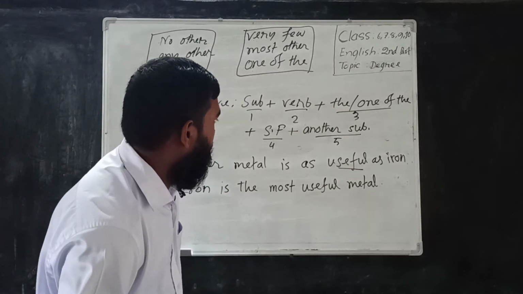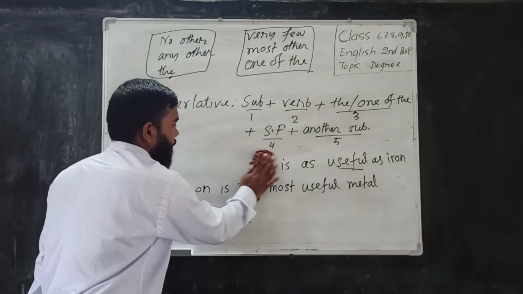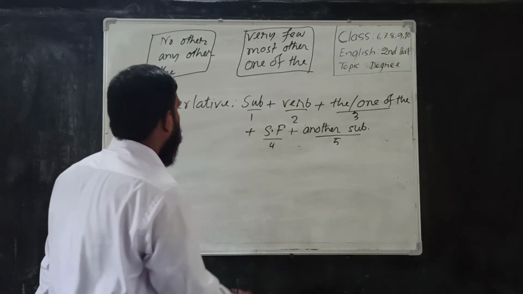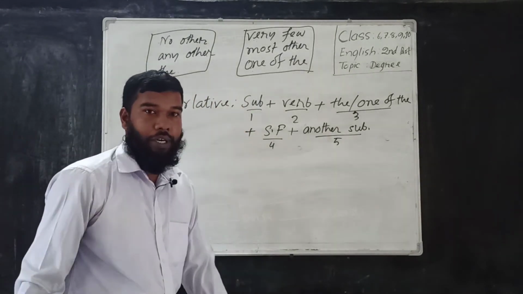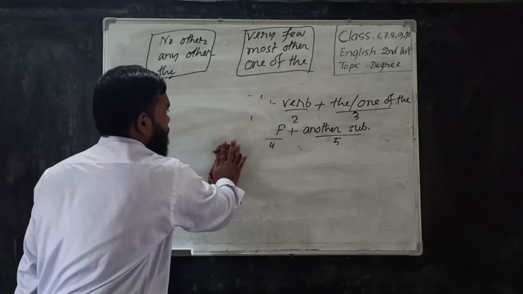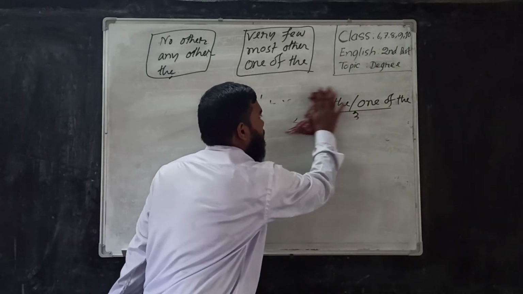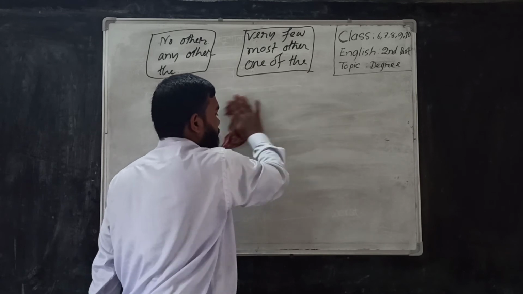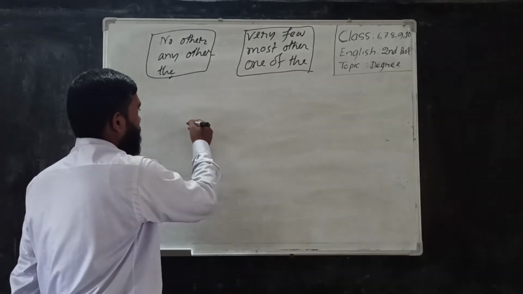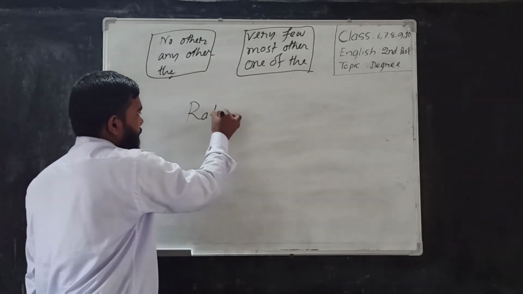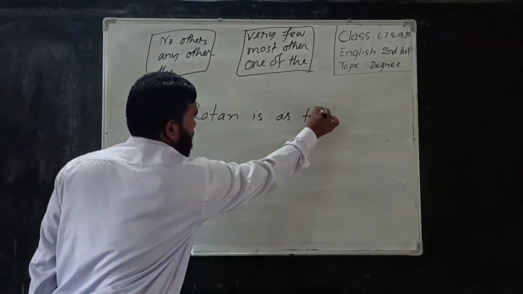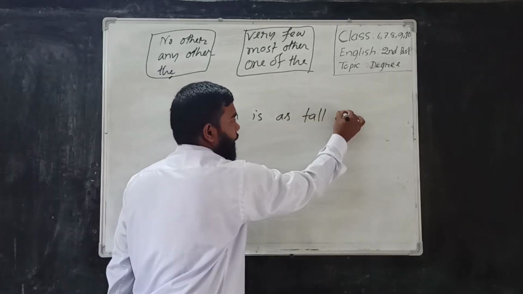Dear students, hope you got it. Then it has an exceptional rule. Degree or comparison of degree has an exceptional rule. Ratan is as tall as a tree.